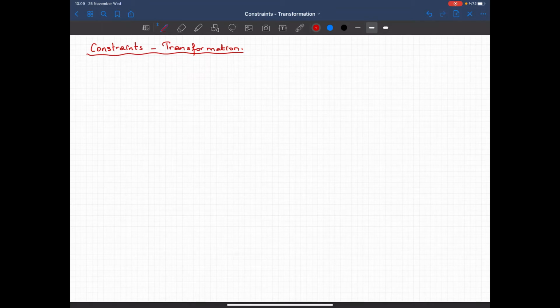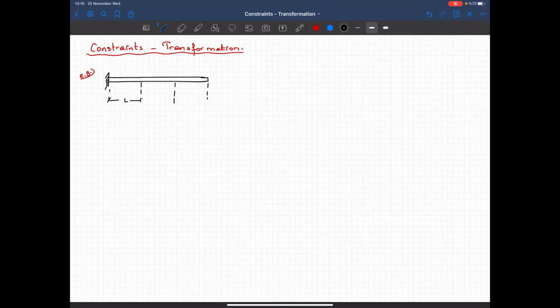While explaining that, I will be using an example problem. Let's say that I have this cantilever and I'm dividing this cantilever into three pieces.